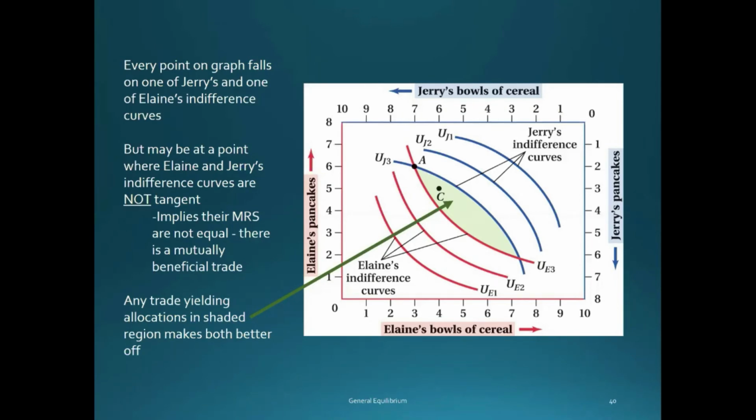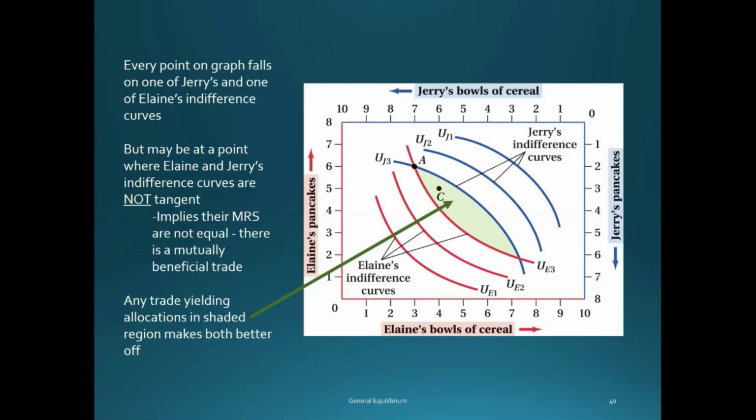And so when would it be exchange efficient? Well, if they have the shapes depicted here, when are they not going to cross? It's when that point is a point of tangency between Elaine's indifference curve and Jerry's indifference curve, where they touch and have exactly the same slope at that point. Now remember that the slope of the indifference curve is the marginal rate of substitution.